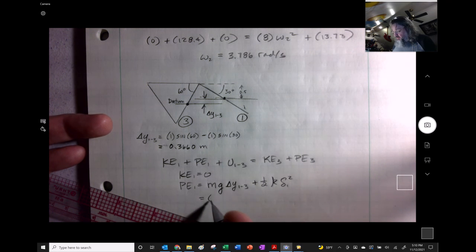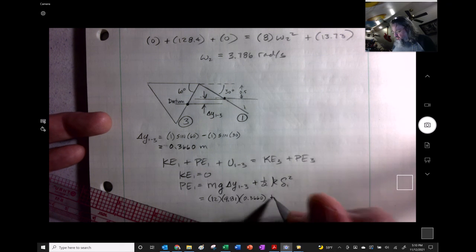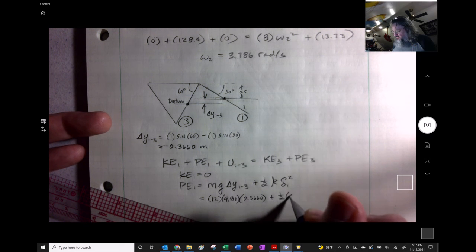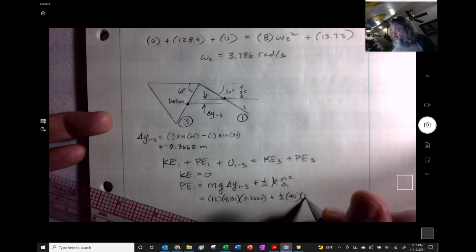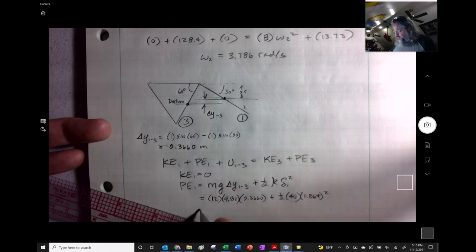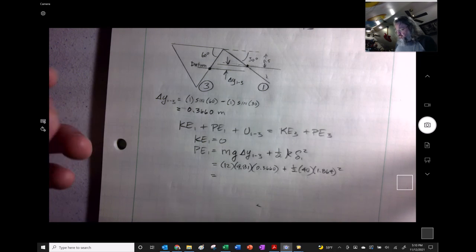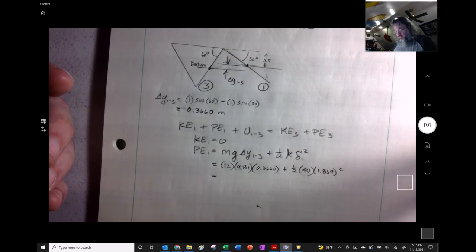So we got 12 kilograms, 9.81, times 0.3660, and then plus 1/2 40, and then 1.864 squared.